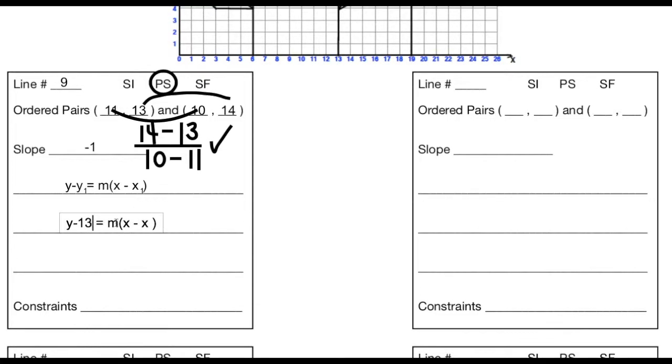And then m, the slope, is -1. I've already found that. And then x minus x sub 1, the x coordinate for the one I chose, is 11. So there I have my equation in point-slope form.